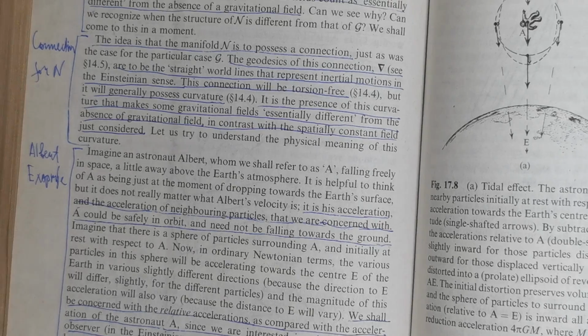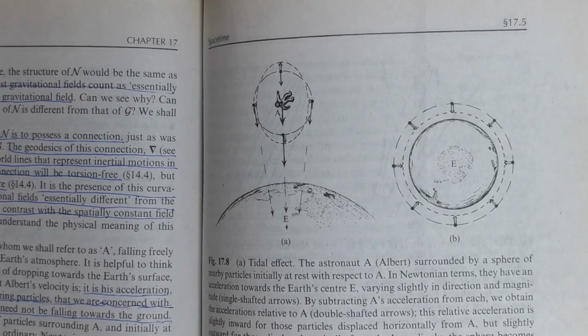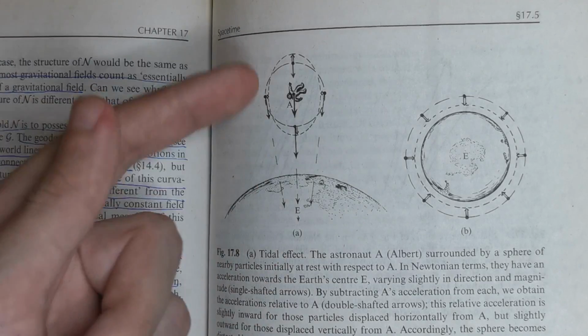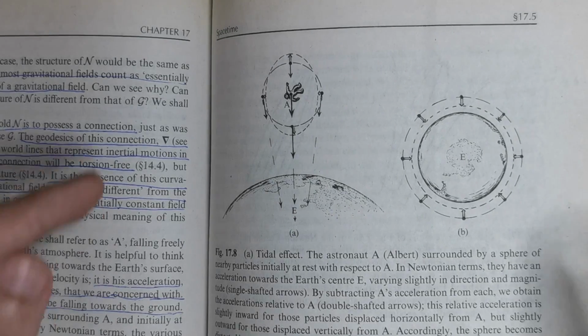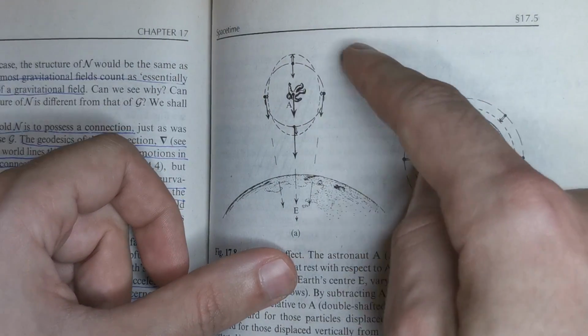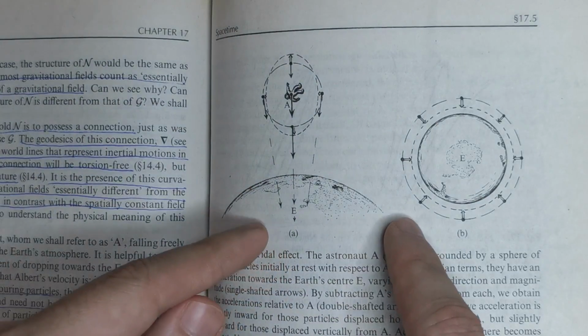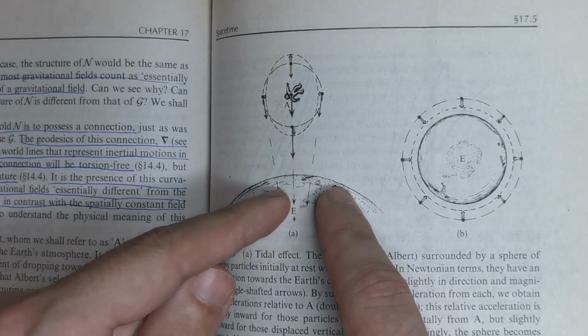Yeah, and afterwards he goes to the examples, and basically the first example he gives here is about Albert, the astronaut, and he looks at a sphere of particles around him and takes some big object like Earth or some other planet.